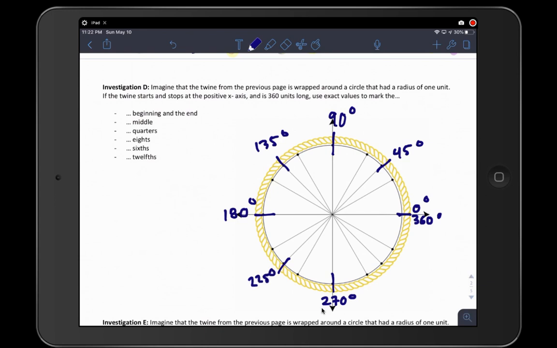And then again, 270 plus 45 would be 315. Okay, so now we have all the eighths. I know it looks like it's quarters, right? But it's actually eighths because we're cutting the unit circle into 8 equal parts.